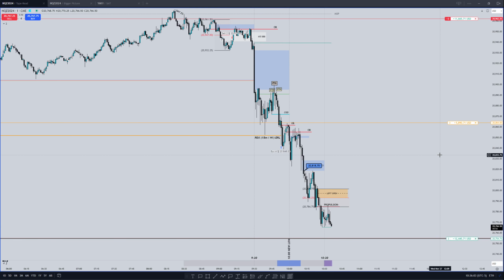Because the problem with that is that you get subpar entries and subpar stop loss placements. Your stop loss needs to be a point of invalidation. So a point based or R based is not a point of invalidation a lot of times. It's just this constraint that you put on yourself.